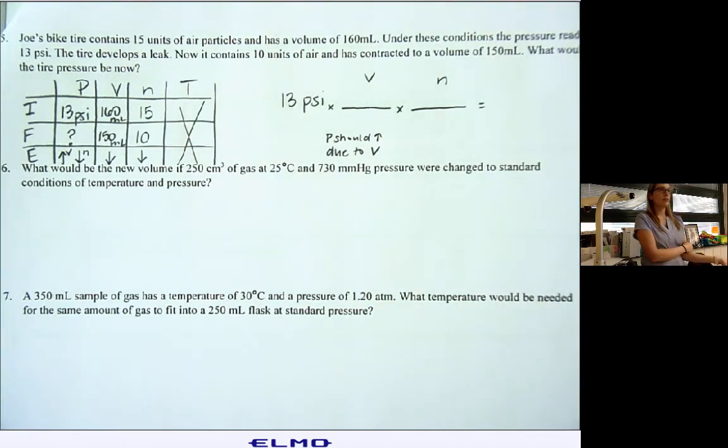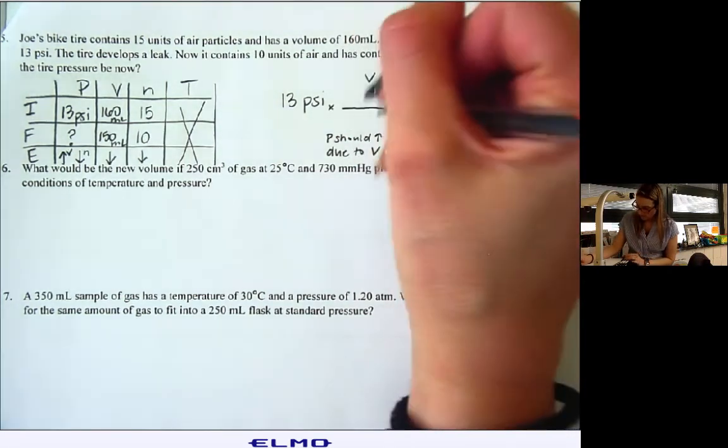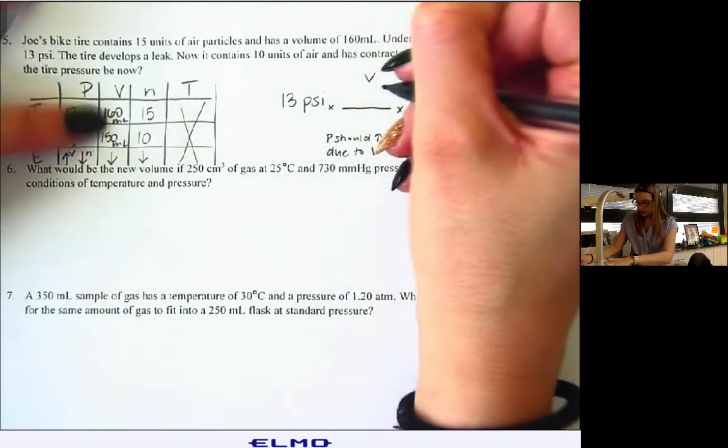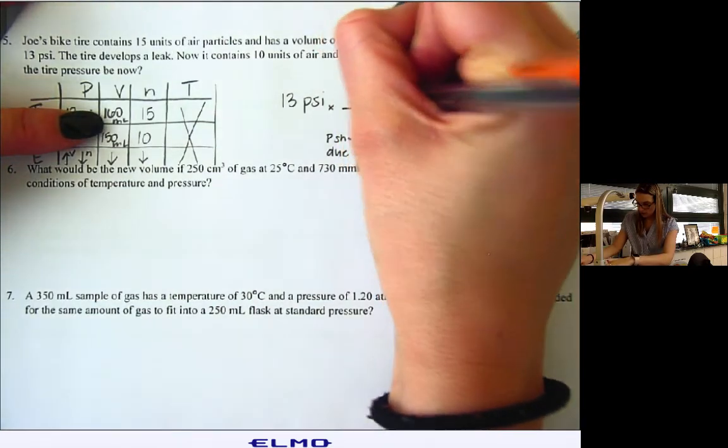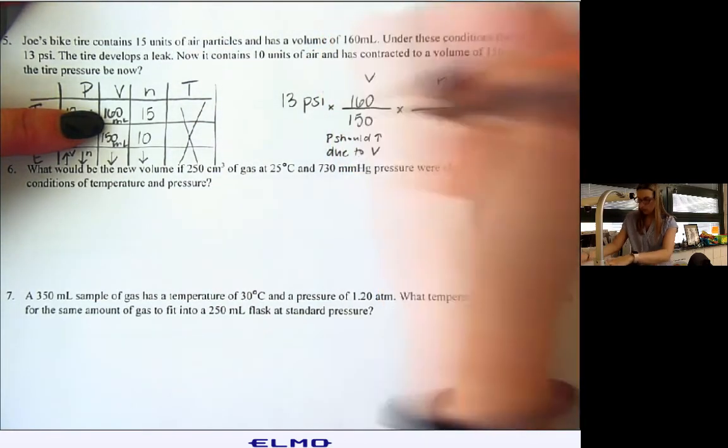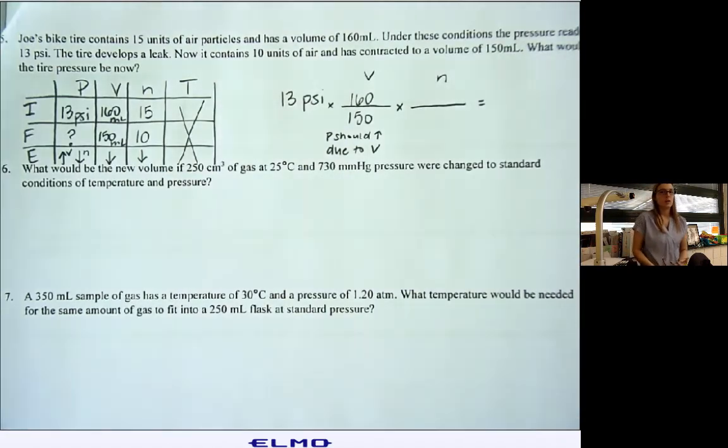At least the numerator should be larger than the denominator. So if I'm just looking at volume, I'm going to do 160 over 150, because pressure should go up based on the relationship between it and volume.